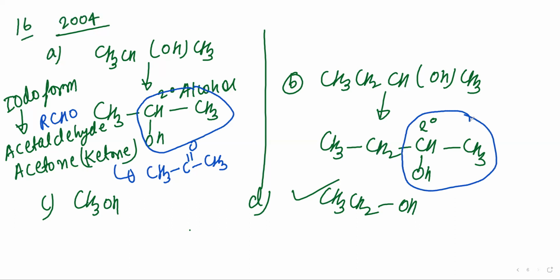So this group is fixed, but here only one carbon is there now. So how can we make the byproduct? This is not possible. So D will be the answer, which is not giving iodoform. Okay, please write this then.